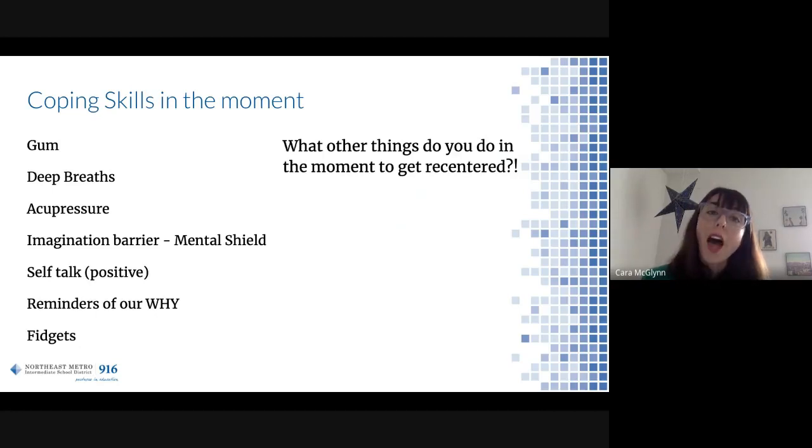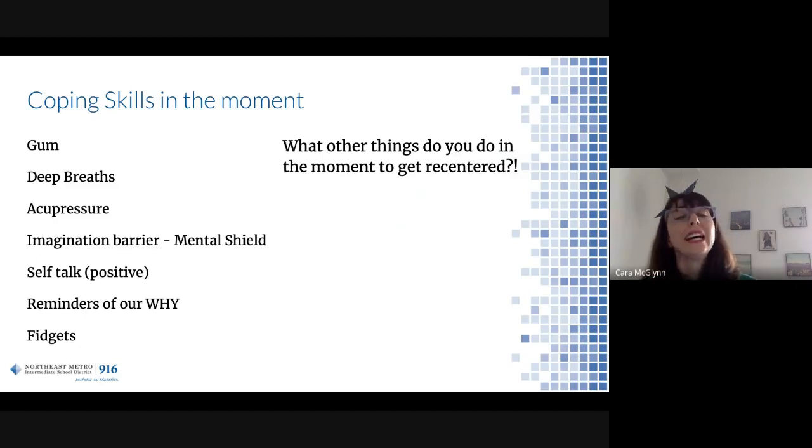And with that knowledge, it gives us then the capacity to figure out skills to support ourselves in those hard moments. So, this is an invitation to forgive yourself for being human and to find some skills to support you so that if you are having those responses, you know how to get recentered, because it is only good for you and the students for you to be regulated emotionally.